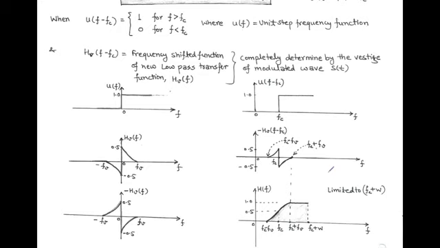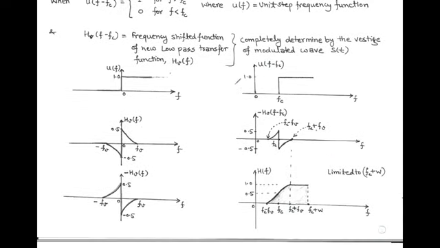Now after representing both the terms, we can obtain the transfer function of the sideband shaping filter. For this we simply add them. Now at frequency fc minus fv, the amplitude level is 0 for both the terms. So after adding, we get 0 amplitude level for the transfer function at fc minus fv.